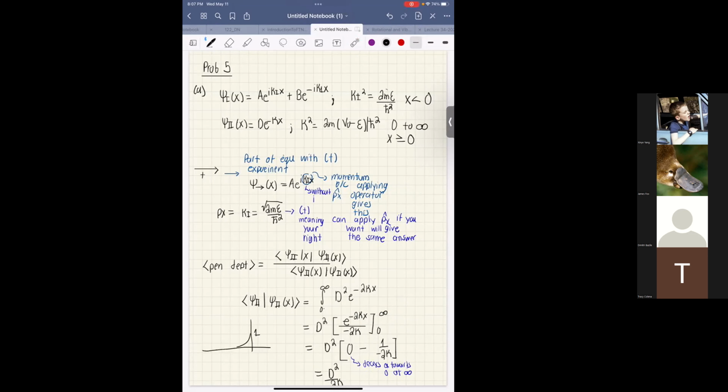But because it's e, it never crosses 0. It will always approach 0. So e to the negative infinity is pretty much equal to the limit as it approaches infinity. It will always approach 0, so it's so small that it equals 0. Okay, but when the exponent is actually equal to 0, the e becomes 1. Okay, I guess that makes sense.